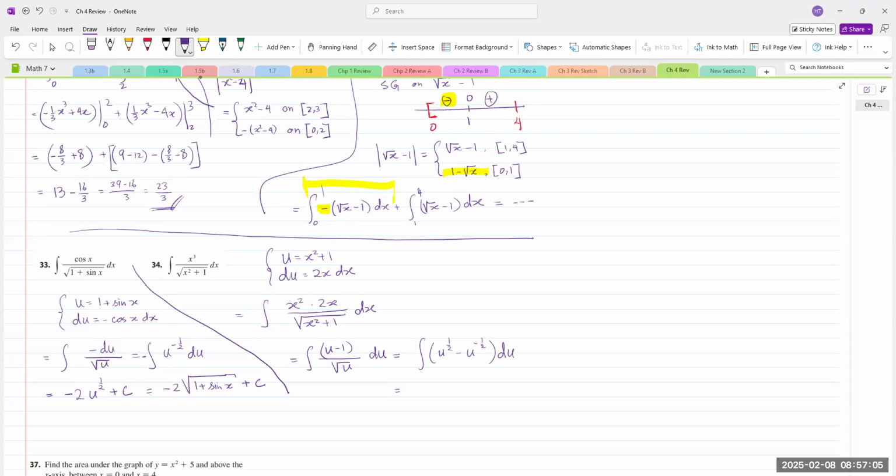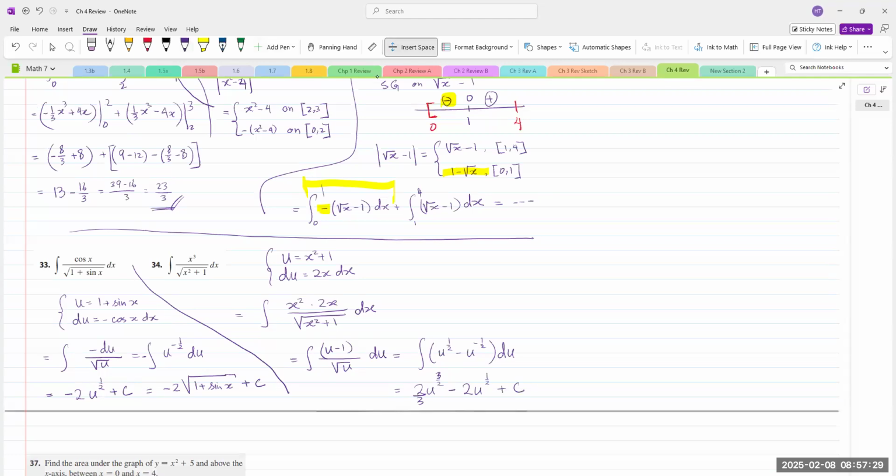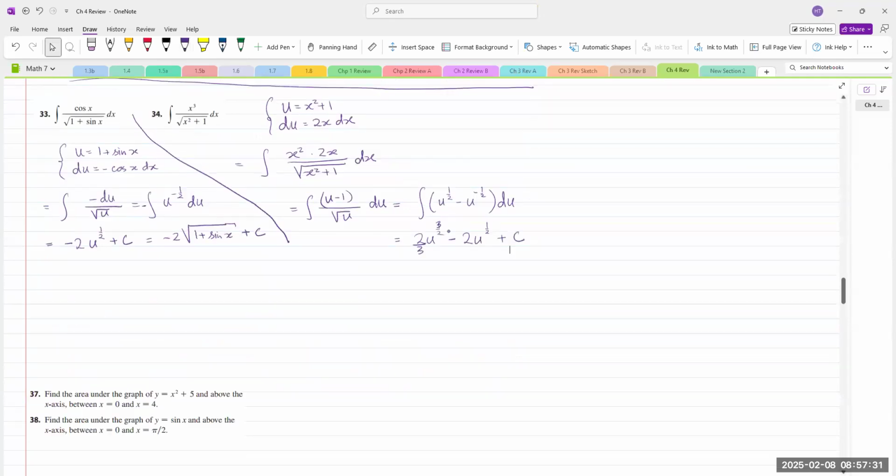Okay, I think that one is easy. 2/3 u to the power of 3/2, minus 2u to the power of 1/2 plus constant. Oh, this one I think later on we need to simplify more. So let me take more space. I will factor out the 2/3 u to the power of 1/2.